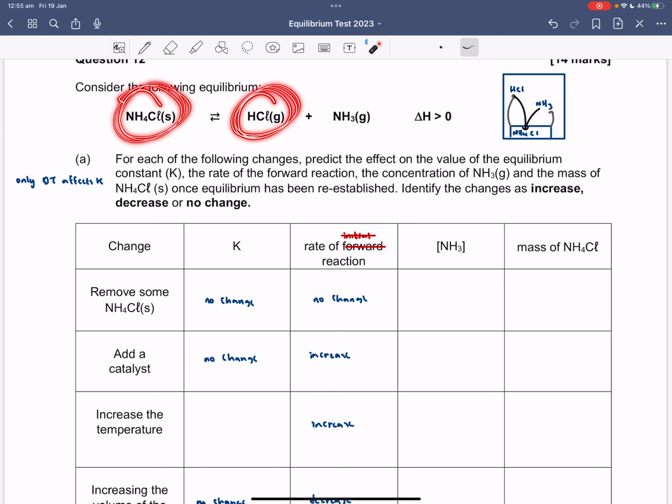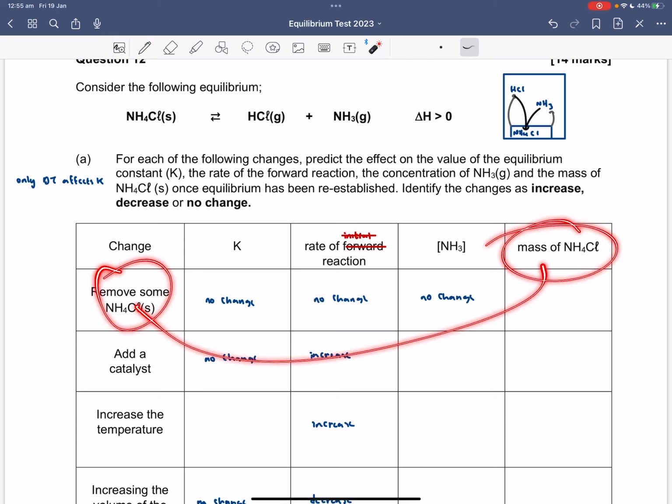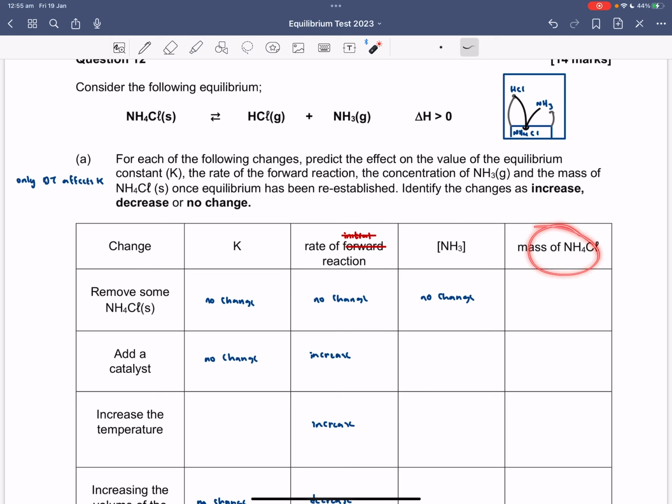It obviously didn't do anything to the HCl, and it did not do anything to the NH3. So really, the concentration of NH3 is also no change. Nothing really happens. I guess the only thing is that since you remove some NH4Cl solid, it simply reduces the mass of the NH4Cl solid. So it didn't do anything at all.